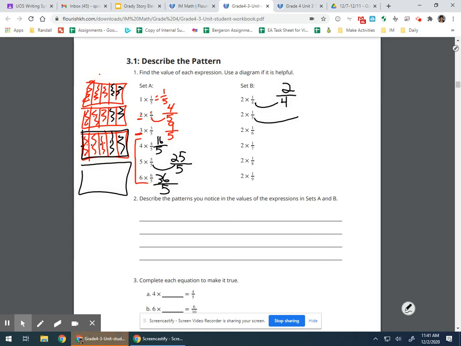The bottom number is going to stay the same because that's how many pieces are in a whole. All right, so there's a little pattern going on here. So why don't you finish, and when you jump back on, we'll have these done. All right, next. 2/6, 2/7, 2/8, 2/9.